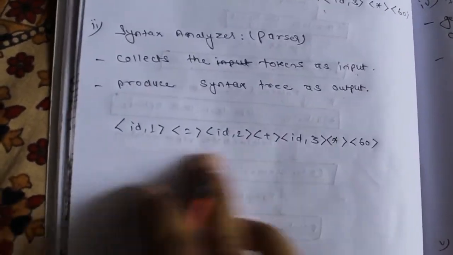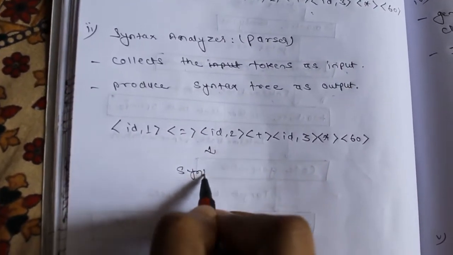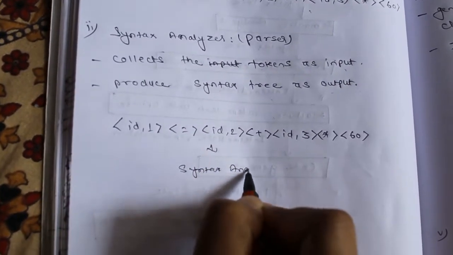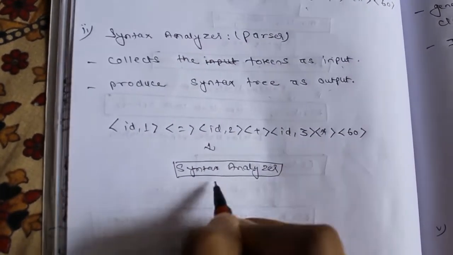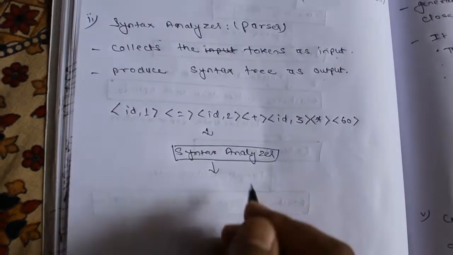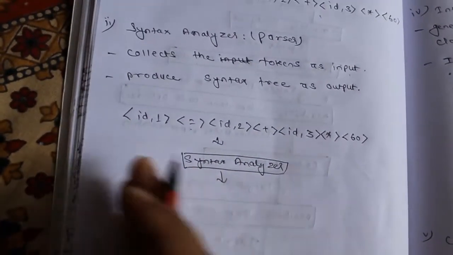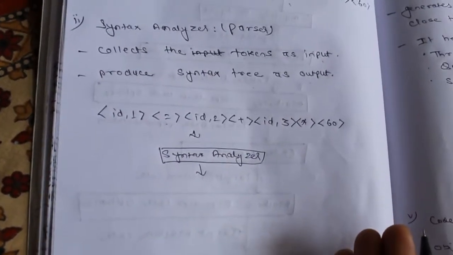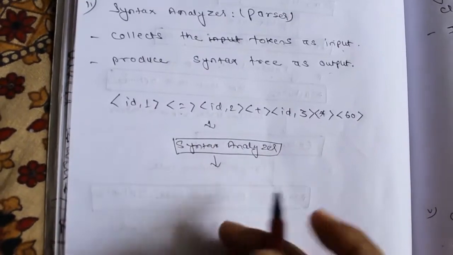So this is the token. While passing it to the syntax analyzer, it will produce the syntax tree. We know that a syntax tree has left hand side and right hand side nodes present, so we are arranging these tokens in the same way.